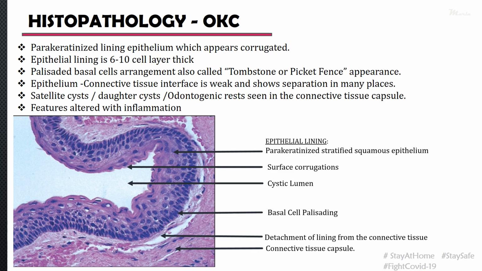The epithelial connective tissue interface is generally weak in odontogenic keratocyst, and this is what makes the epithelial lining friable. So this makes surgical enucleation difficult, leading to remnants being left over in the cystic cavity, which could be a source of recurrence of the cyst.